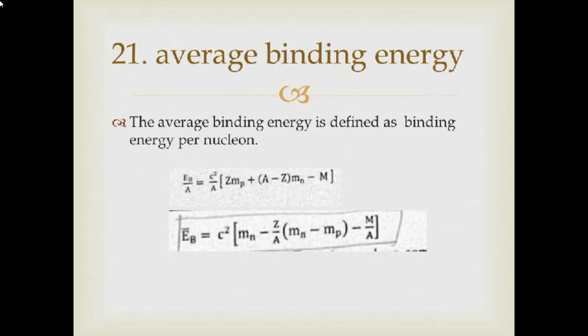When we divide binding energy by the number of nucleons, we get the average binding energy, denoted by E_B bar, that is E_B divided by A. So E_B upon A is equal to C square upon A into the bracket Z times M_P plus A minus Z times M_n minus M, and E_B bar, the average binding energy, is also written as C square into M_n minus Z upon A into M_n minus M_P, minus M upon A. Numericals based on this can be asked.